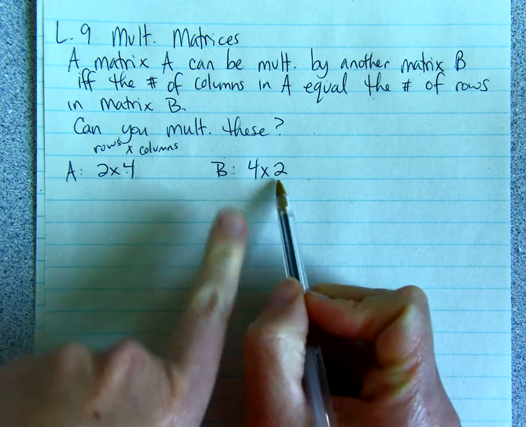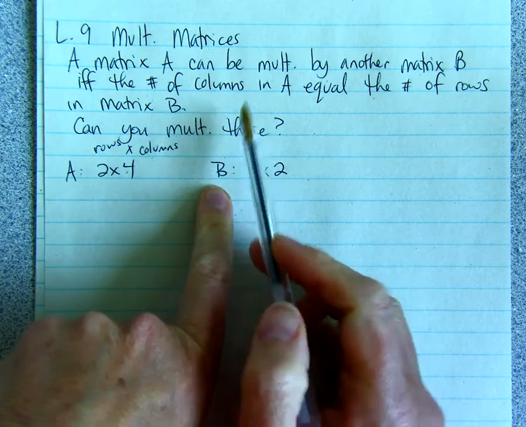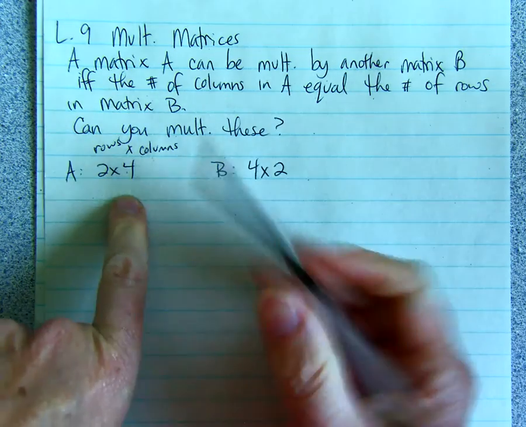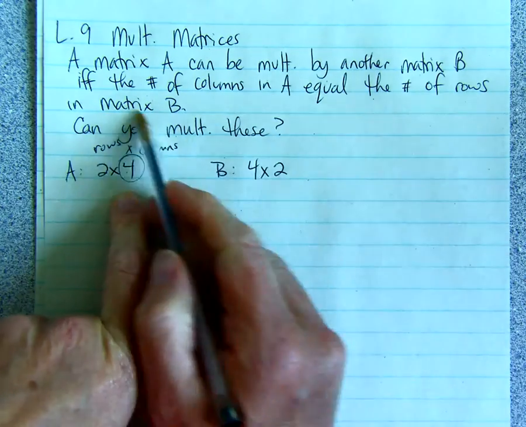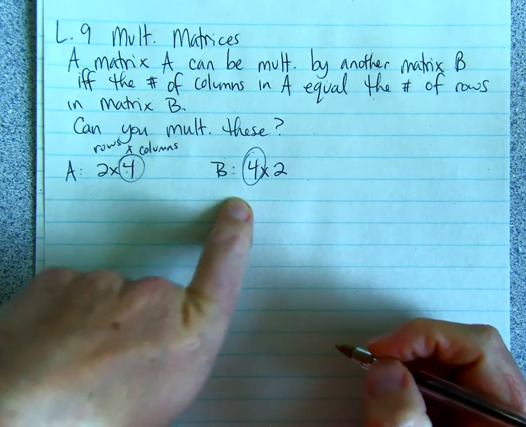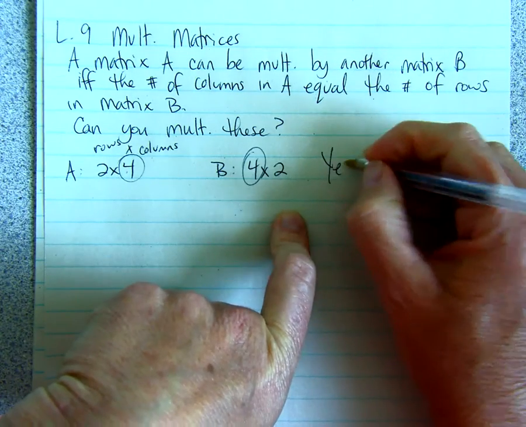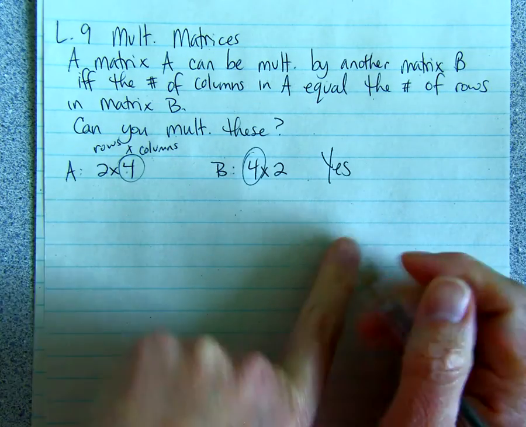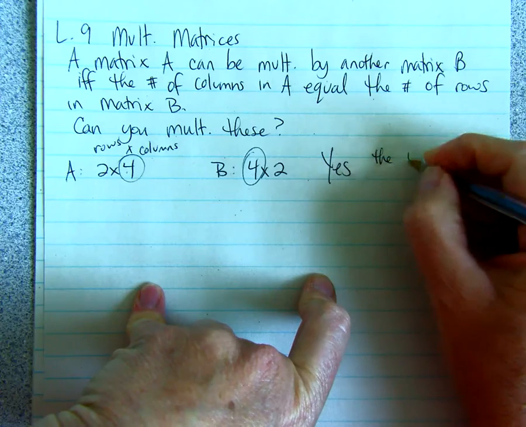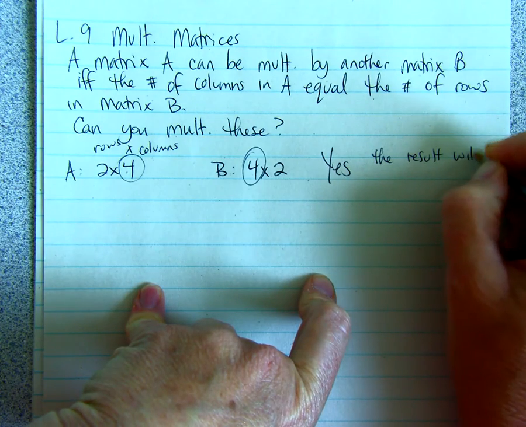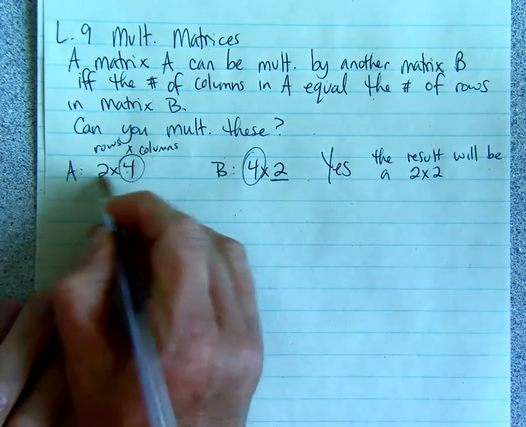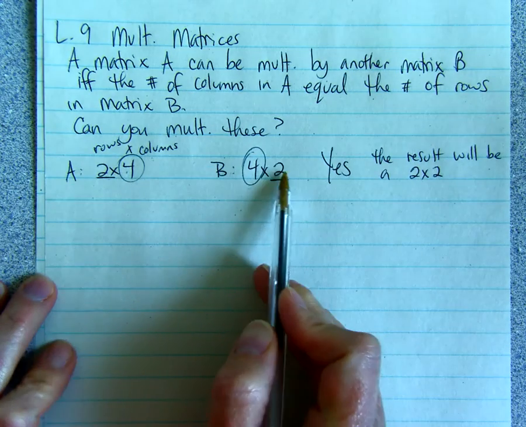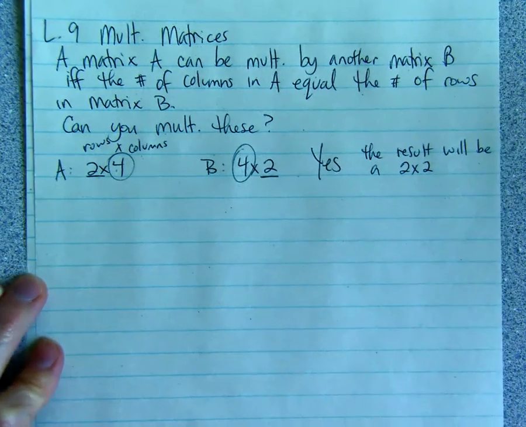We have to look at the number of columns in A, so the 4, does it match the number of rows in B? And rows would be 4. Yes, they match. So yes, we can multiply these two together, and what's cool is the result will be a 2 by 2. And we get those numbers from the original, the row in A and the column in B.